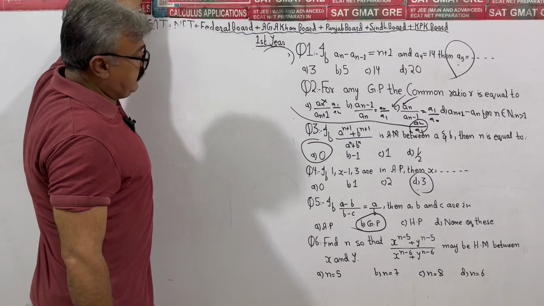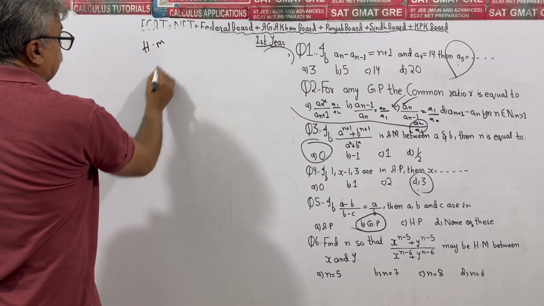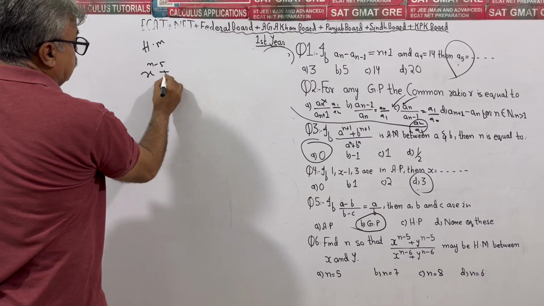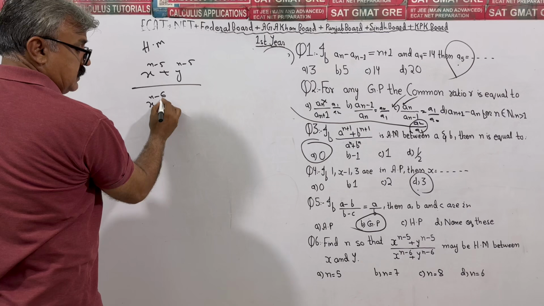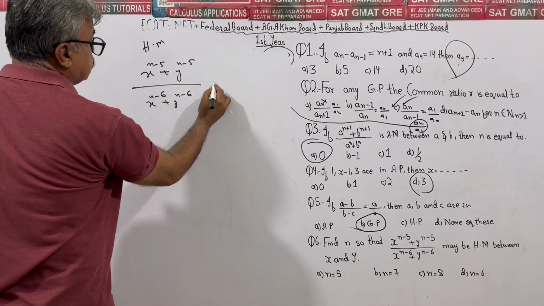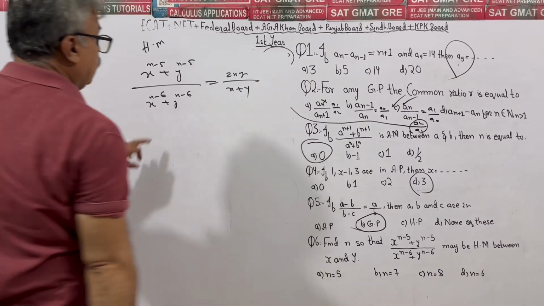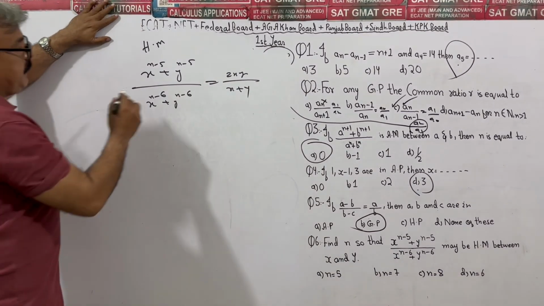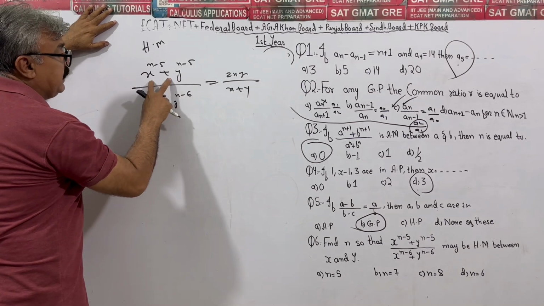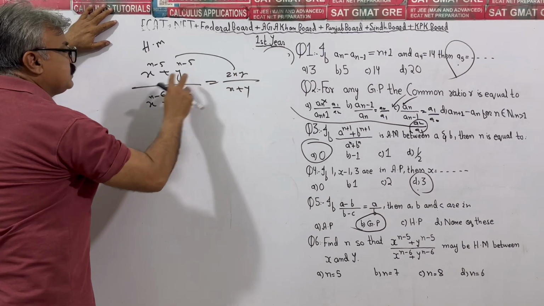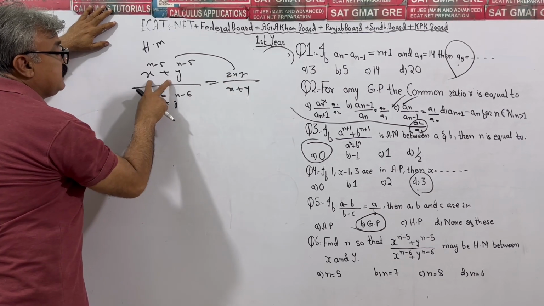It represents the harmonic mean, so the expression must be equal to 2xy over x plus y. Look at this. Compare. There is no term x plus y in addition in the numerator.